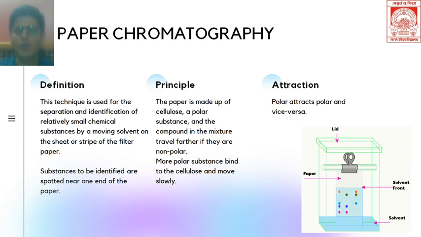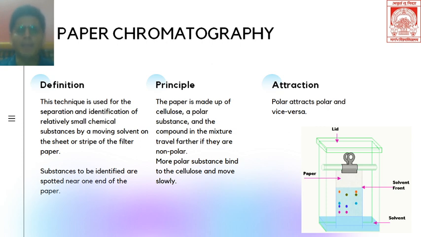What we generally do is load the sample at the base of the paper, 1 centimeter away from the bottom, and then we place it into a system which is filled with mobile phase. This mobile phase moves along the sample and the sample gets separated depending upon its nature and its affinity with the mobile phase.